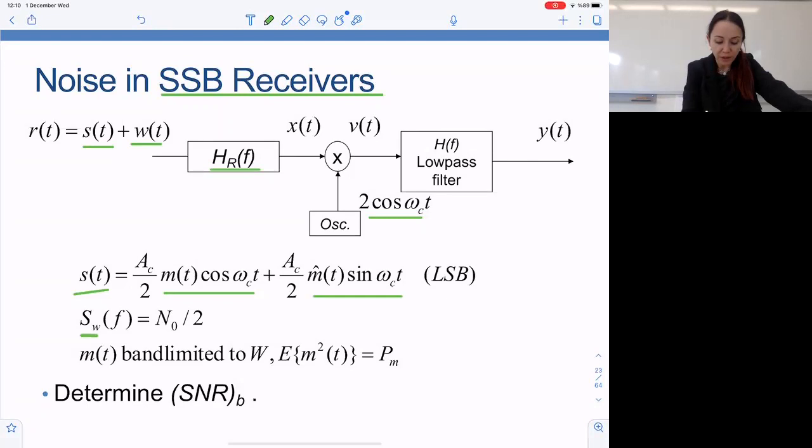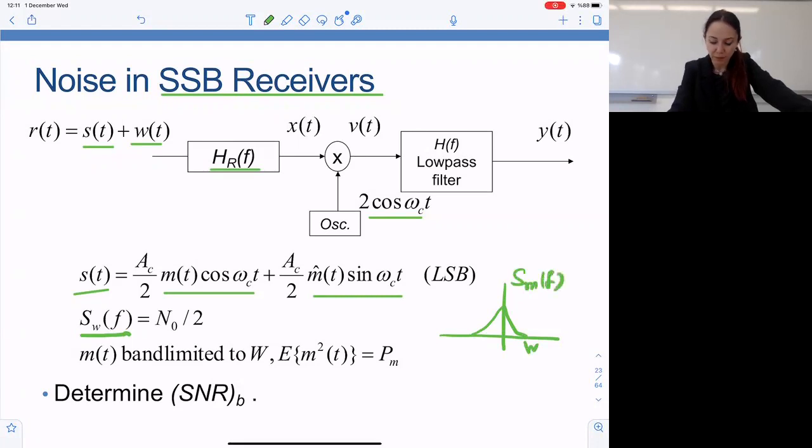Well, what is the noise PSD that comes in, the white noise? N_0 over 2 as before. And M(t) is a signal with PSD as before. We're using the same thing with the power P_M.